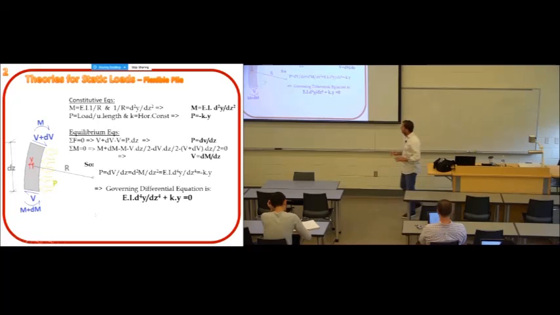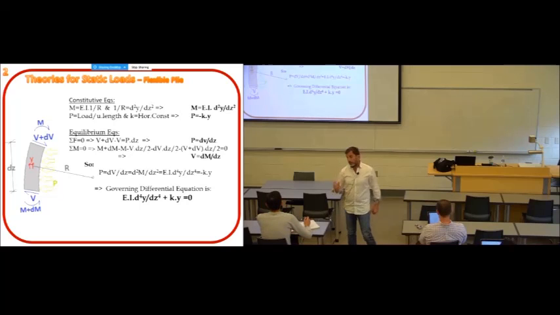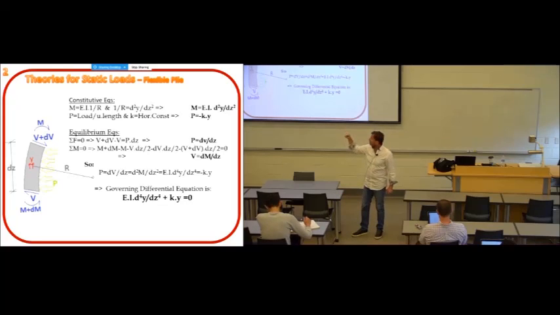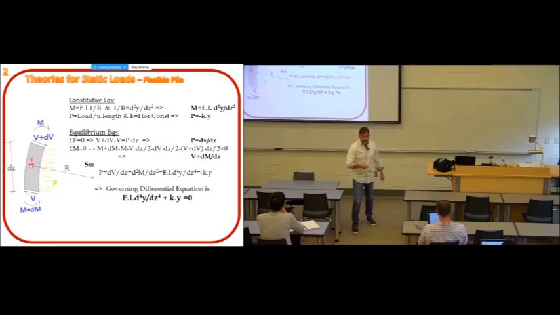Some theory here. I don't want to dwell too much on the theory, but the way it was developed, you take a discrete element, dz, and then you look at the constitutive equations and the equilibrium equations.